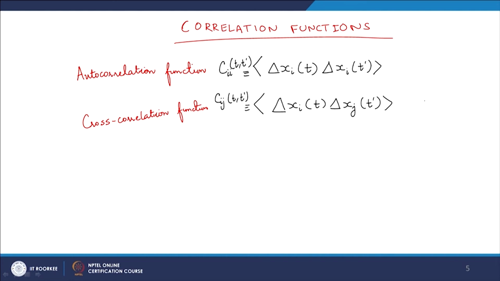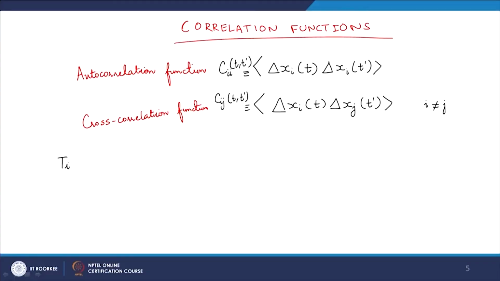And in the second case, i is not equal to j, because if i is equal to j, then we have the autocorrelation function.